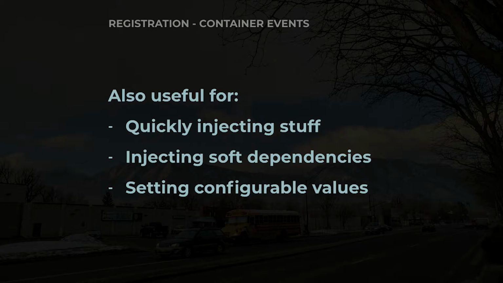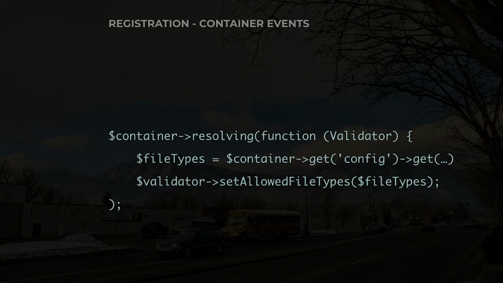Another use case for this is setting configurable variables. For example, you have a validator, and this validator needs to validate some file types, right? You upload a file, and it needs to be an image/jpeg or image/png, whatever, and you want to configure that. You want that in some kind of YAML file or whatever your preferred type of configuration is, but you don't want to inject all of that configuration or framework stuff in your validator. So you're going to create a method called setAllowedFileTypes on the validator. And then whatever container you use, it doesn't matter, you're going to call this setAllowedFileTypes on booting up this validator.